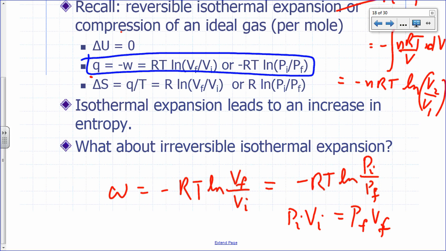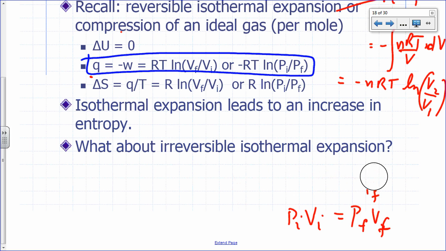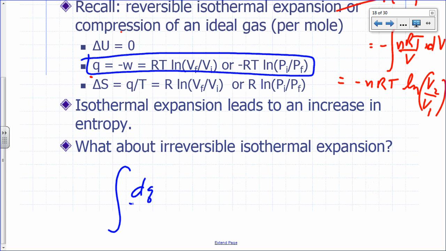So delta S for an isothermal expansion or compression of an ideal gas is just Q over T. Why? Integral of dQ over T, that's your delta S, right? It's isothermal, so I can pull my temperature out of my integral. It's a constant.